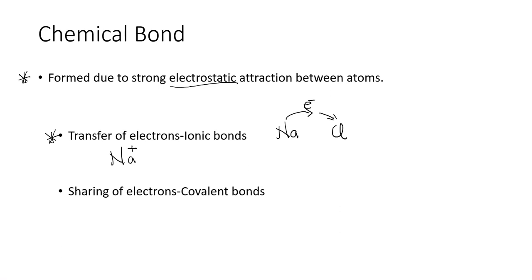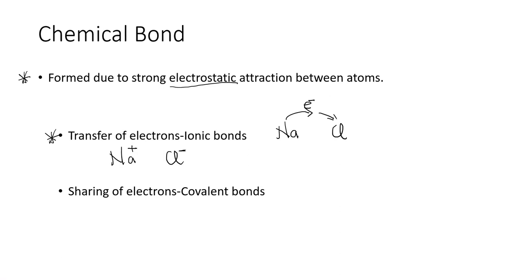Then we will have a chlorine that has an excess of one electron. Therefore, the chlorine will be negatively charged. So now you are bringing these charged atoms together, what we call charged ions.